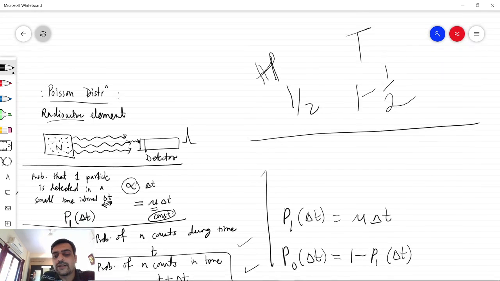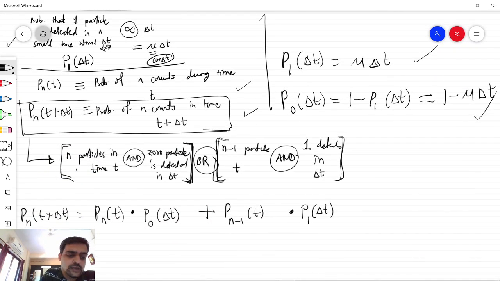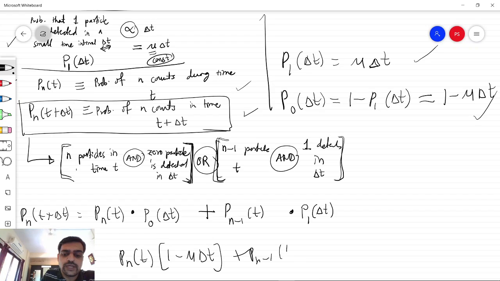In the similar manner, if the probability of detecting one particle is mu into delta t, then the probability of detecting no particle is 1 minus mu into delta t. So let us just substitute these two values here and write it as P of n t into 1 minus mu delta t, plus P of n minus 1 t into mu delta t.